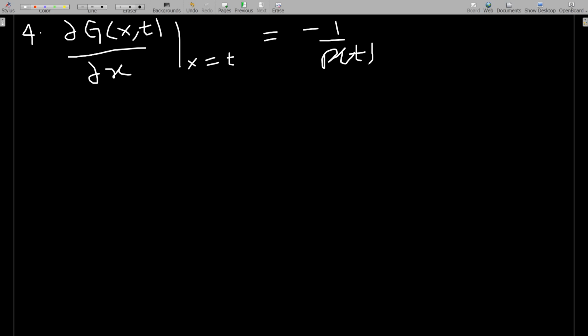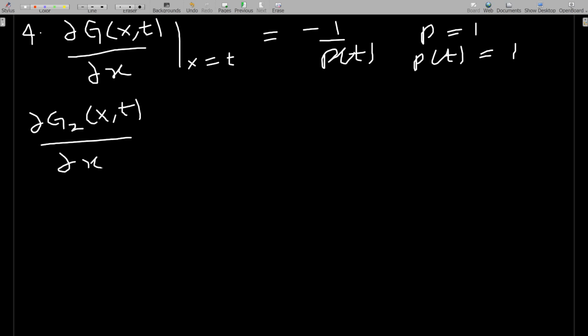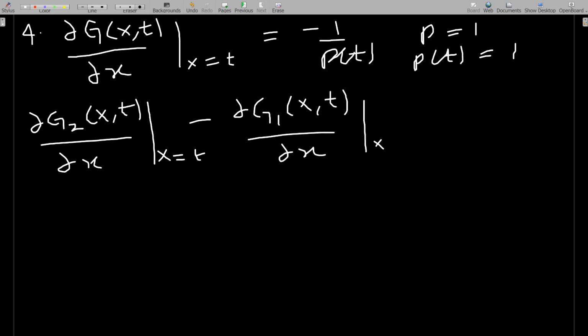Now if you remember, when I started, I wrote p is equal to 1. So it means p of t is still a constant function. I have 1. Okay. So this means that now differentiating this, it is simply del g2 of x, t, del x at x equals t, minus del g1 of x, t, del x at x equals t should be equal to negative 1 over 1, which is negative 1, okay.